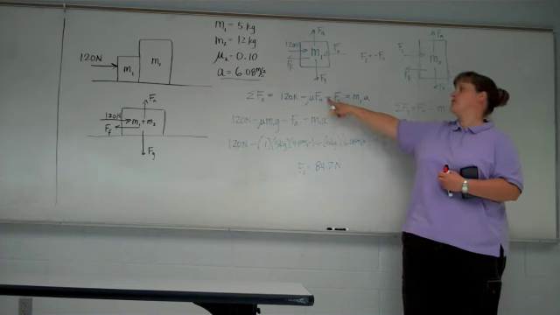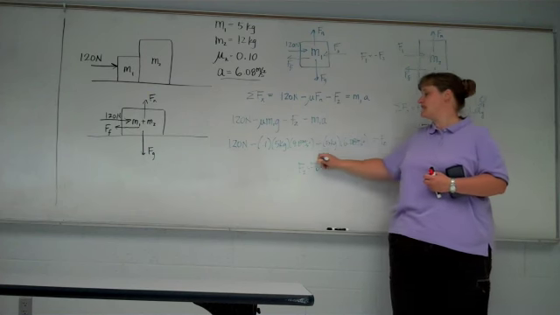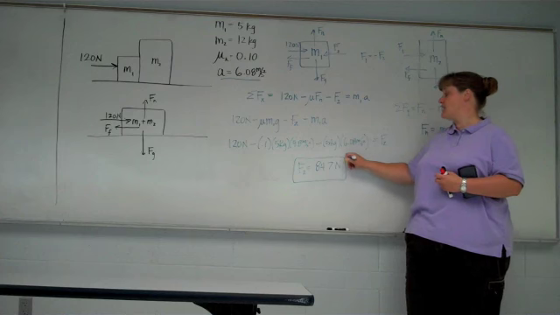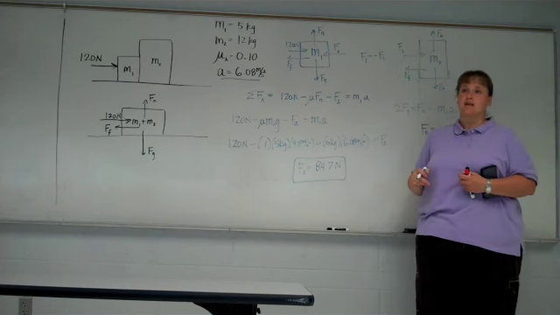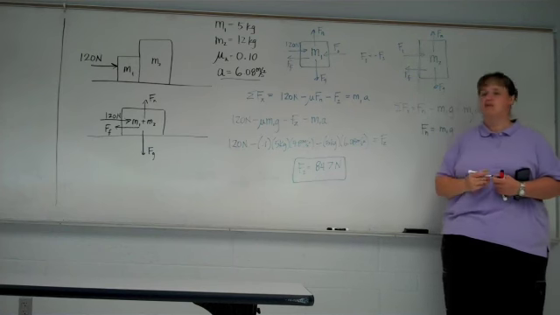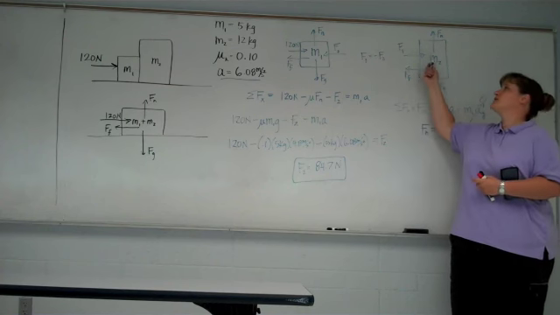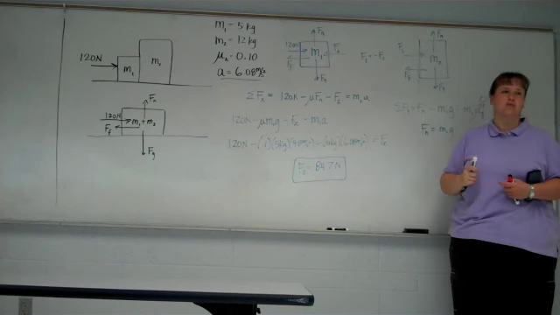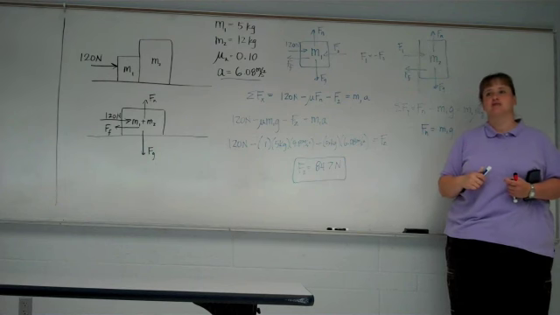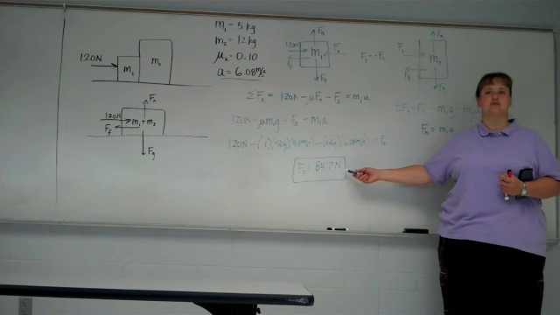So whenever we put the negative sign in our equation, we're going to get the magnitude out. So this is the magnitude of F2. It is to the left, that's true. So box 2 pushes on box 1 with a force of 84.7 newtons. Box 1 pushes on box 2 with a force of 84.7 newtons, just in the opposite direction. This is the contact force between the two boxes.